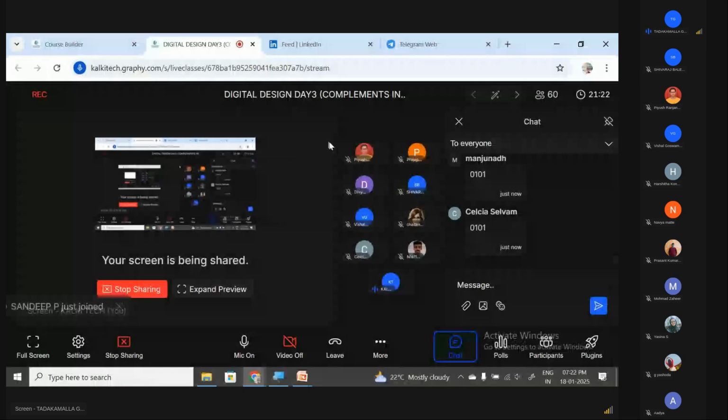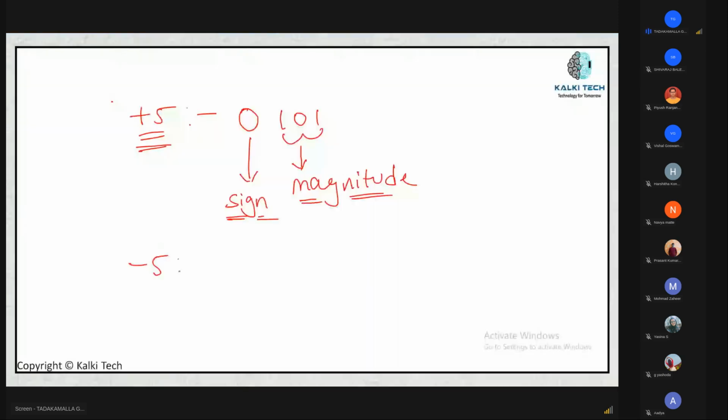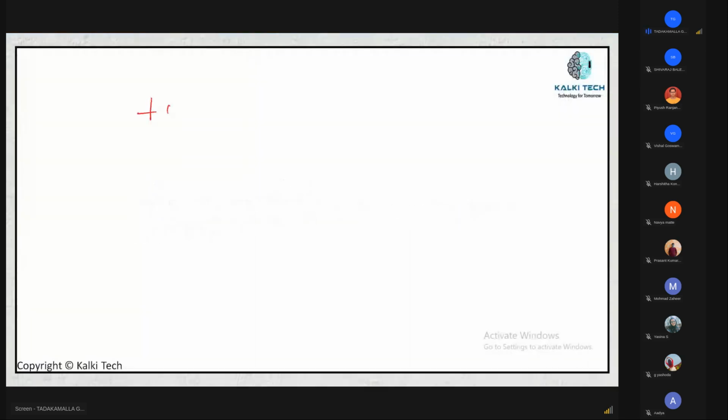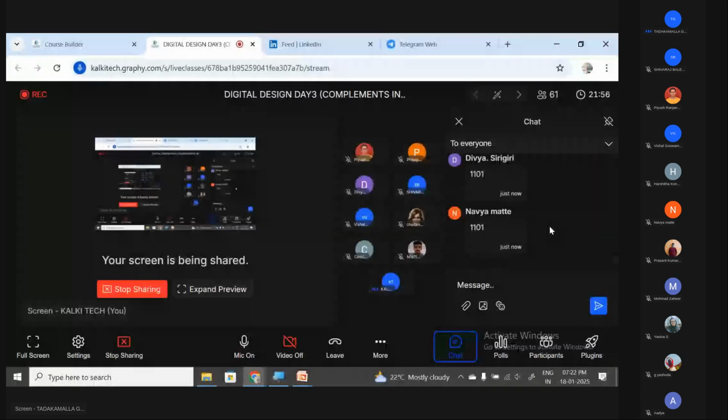And if you want to represent minus 5, what is the representation? We will use 1 followed by 101. This is my magnitude and this is my sign. Yes, correct. Now, if we want to represent plus 0, how are we going to represent it?